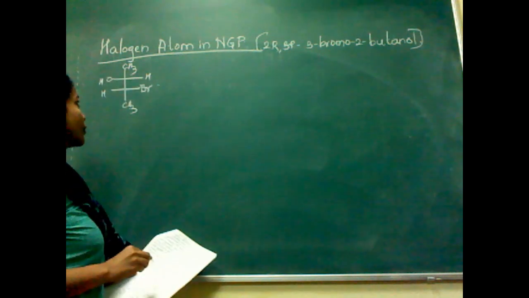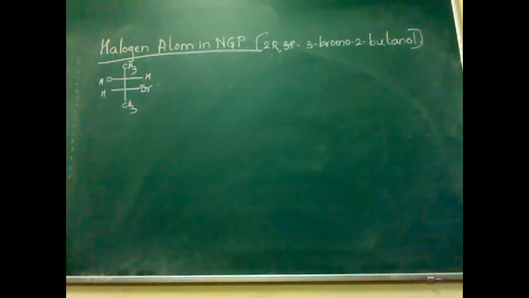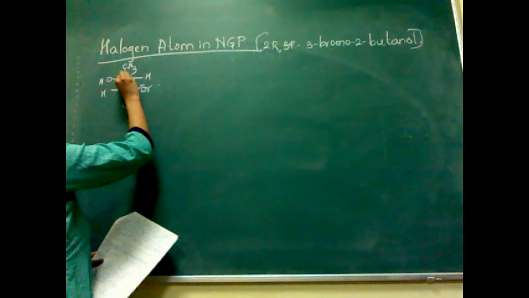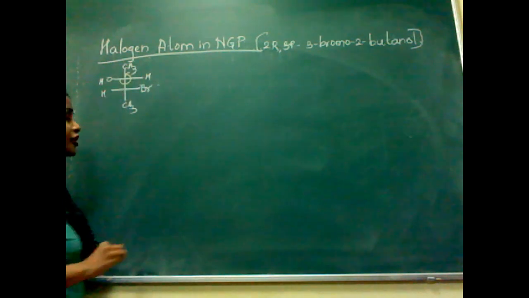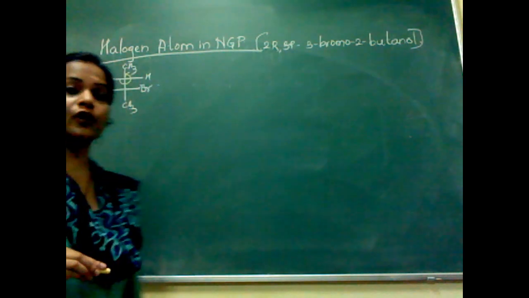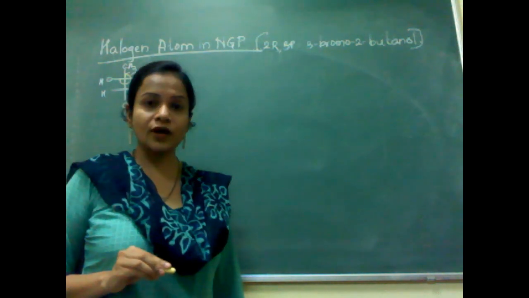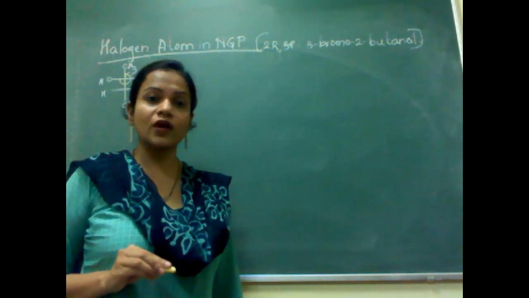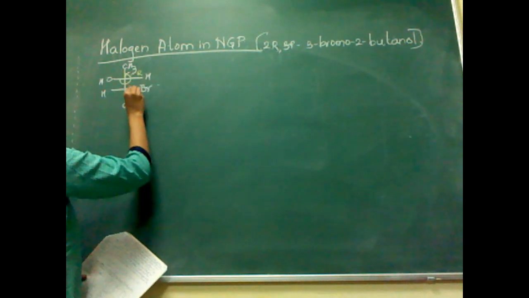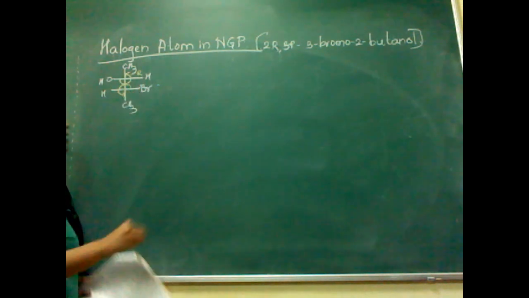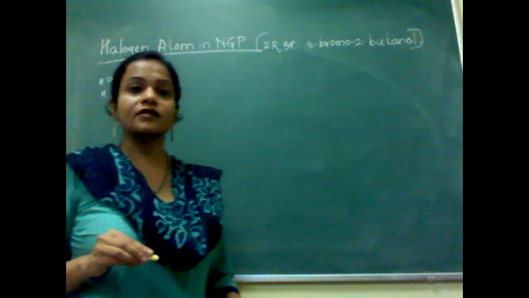Now what you have to do in this particular structure is assign the configuration. So for the OH group, this carbon 3 and 8, it is going in anti-clockwise direction, but the group of lowest priority, hydrogen, is on the horizontal line. So that means it is coming towards the observer. So it is R. Now this bromo group is once again going in anti-clockwise direction.